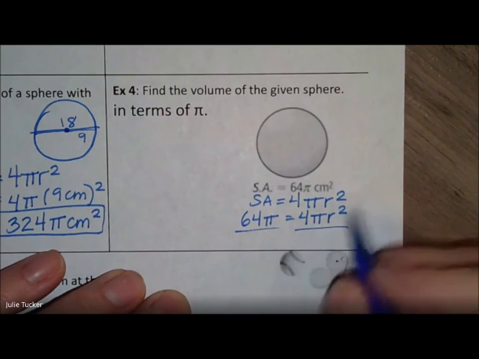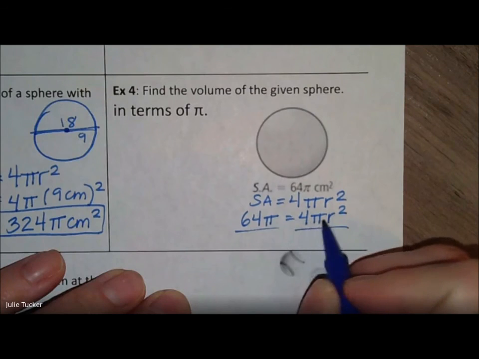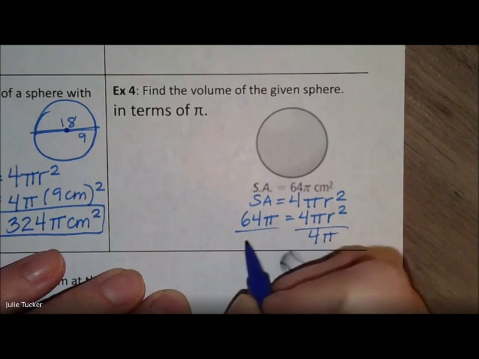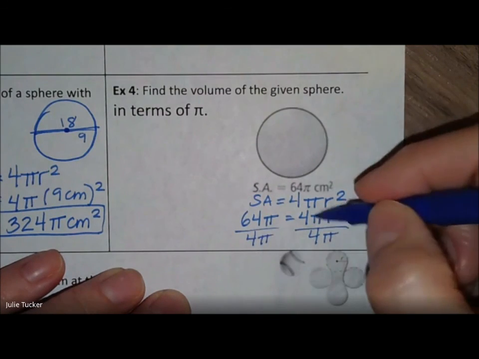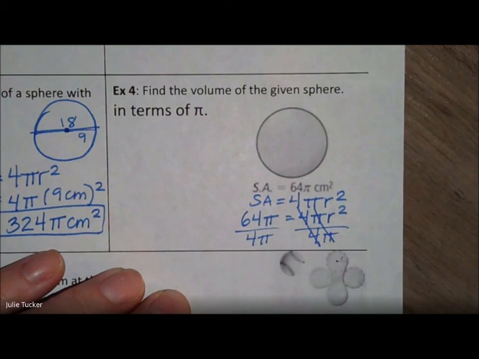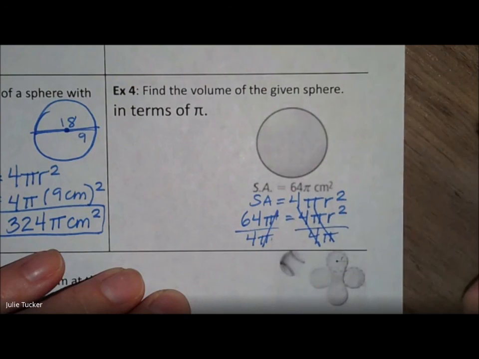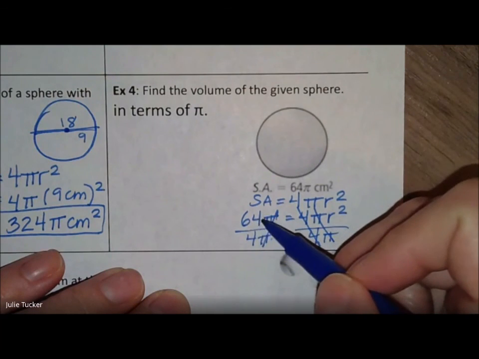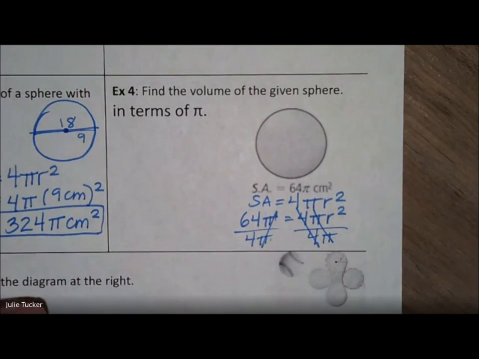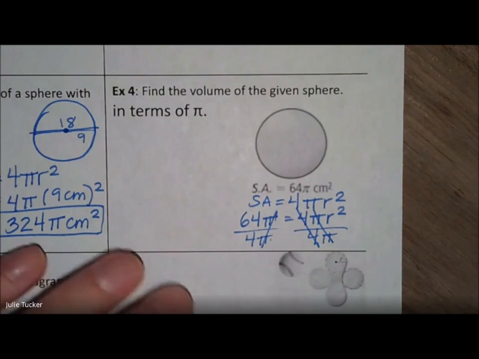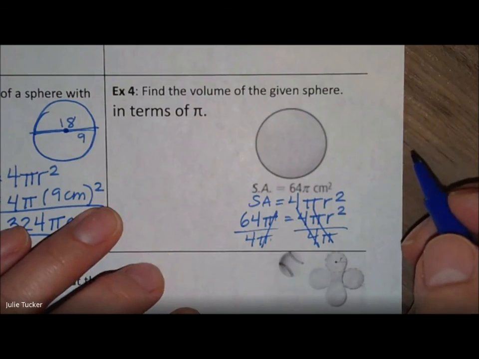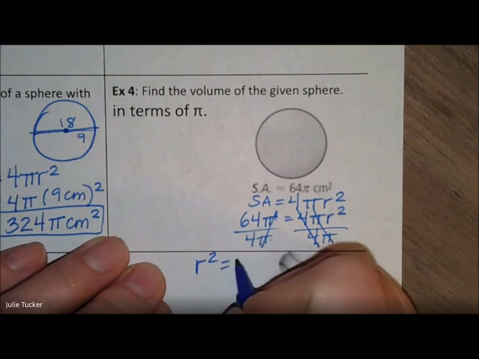Divide. Good. So I can divide by 4 pi. And these will cancel because that leaves it with just 1 r squared. Those cancel. 64 divided by 4 is 16. So that means r squared equals 16.